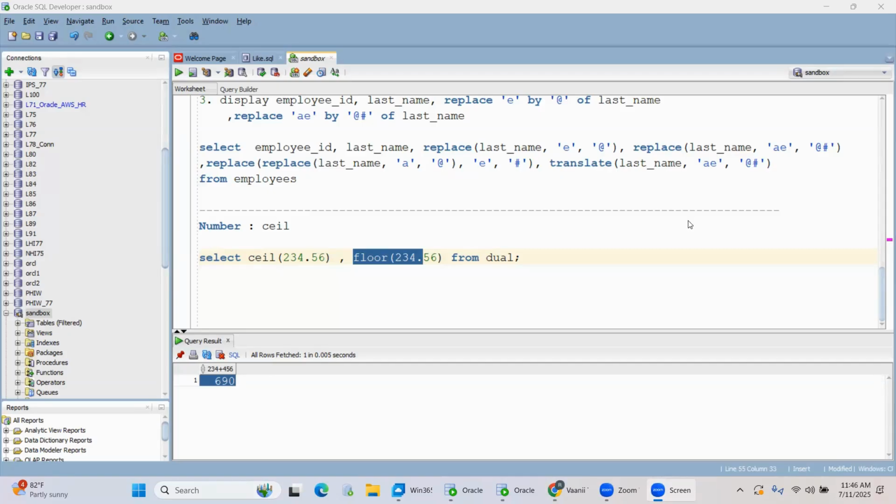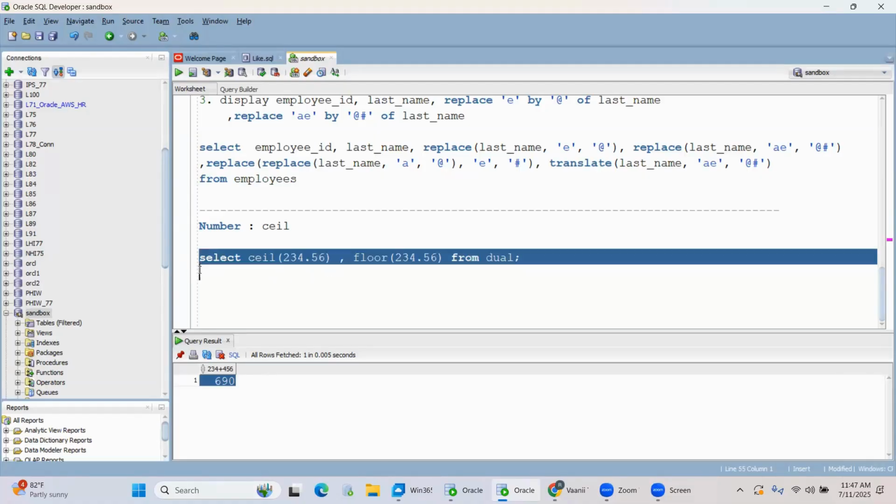Yeah, so ceil, what it will do, it is 234.56, it will round off. So it will come to 235. Okay. And what about floor? I think it will be 234. Good, man. Let me run it and see what's happening here. So that's right.